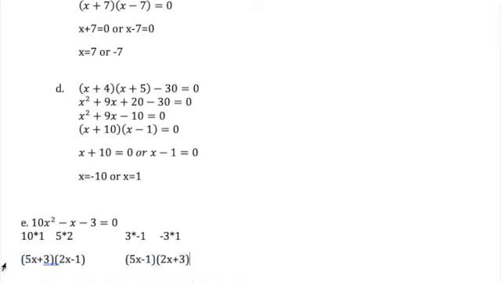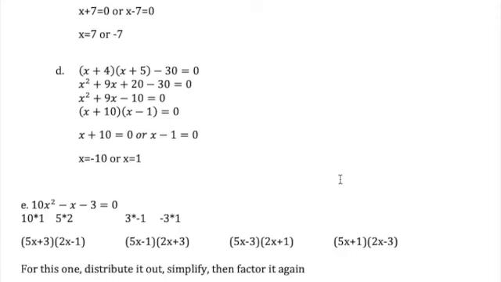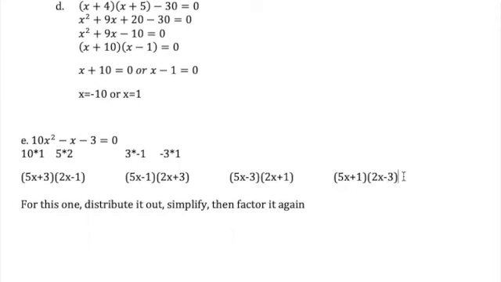I honestly have no idea which one the answer is. I just did the math and I forgot which one the answer was. So let's see, we'll do 5x minus 1. I'm sorry, 5x plus 1. No, 5x, oh my gosh, minus 3. Just change the signs, plus 1. Then 5x plus 1, then 2x minus 3. Okay. So I'll check these 4 and see if they work.